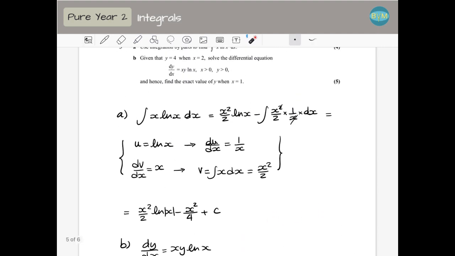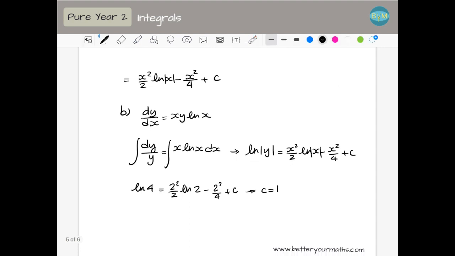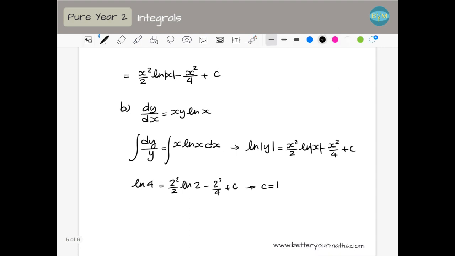And they say the next thing is, hence find the exact value of y when x is 1. So when x is 1, I have ln y is going to be x squared divided by 2 ln x minus x squared divided by 4 plus 1. So I'm just substituting 1 here in my x. ln of x is 1 minus 1 quarter plus 1.